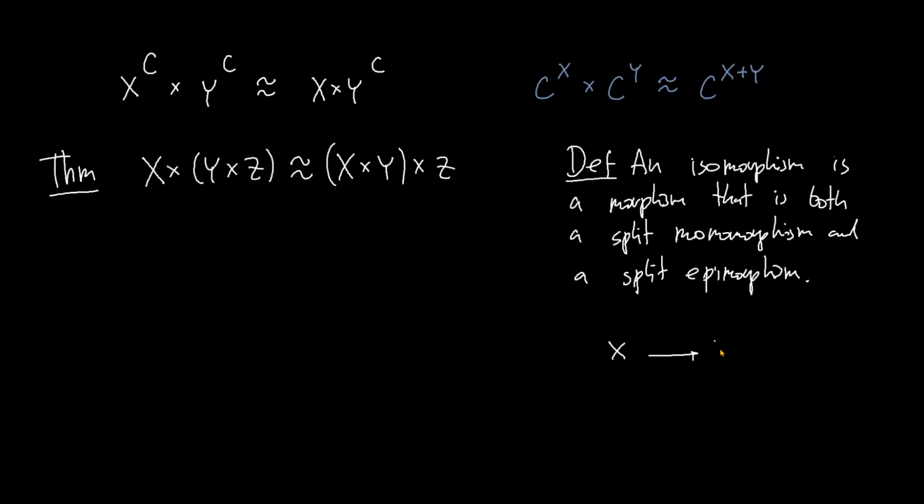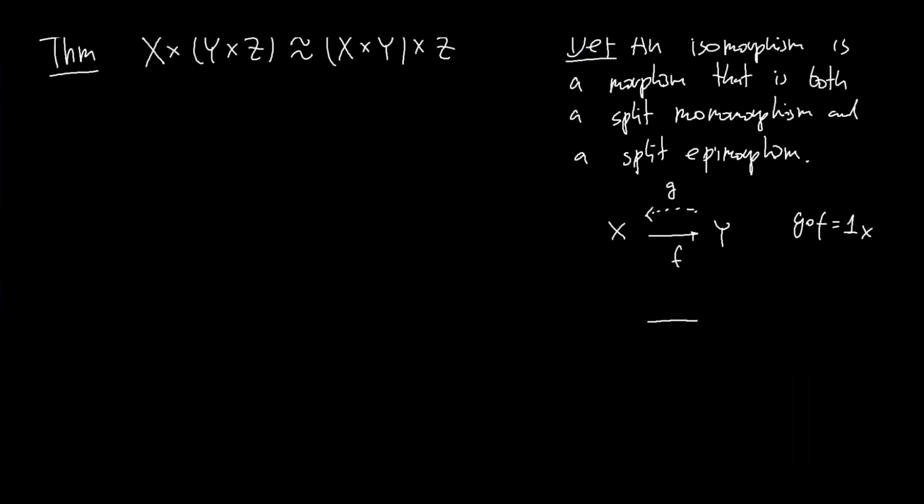So if you've got F, it is a split monomorphism when there is a G going back, such that G composed with F is the identity of X. And a split epimorphism is the opposite of that. So this swaps around. The G that is required to exist still goes backwards. Let's call it G prime. But now we're requiring that F composed with G prime equals the identity of Y.